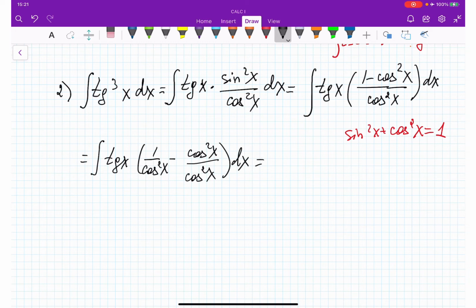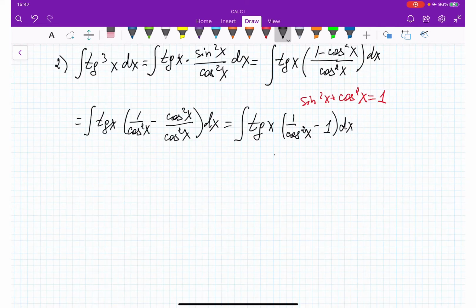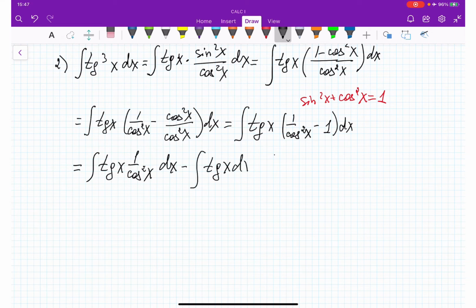So this is equal to the integral of tangent x times (1 over cosine squared x minus 1). Next, it's going to be the integral of tangent x times 1 over cosine squared x dx, minus the integral of tangent x dx.